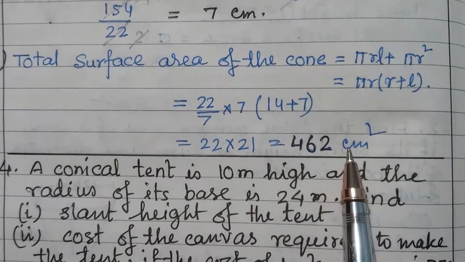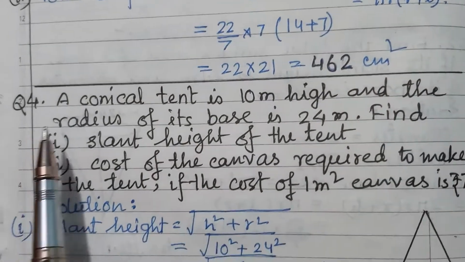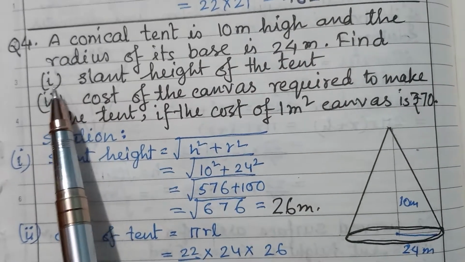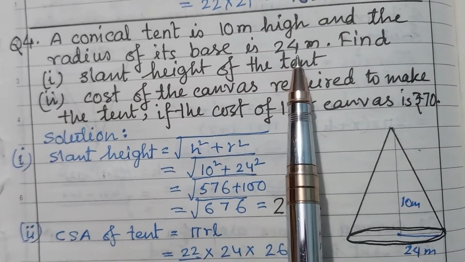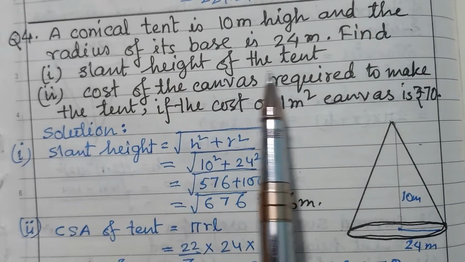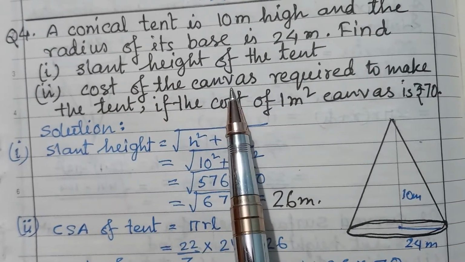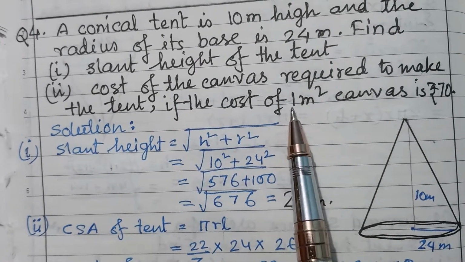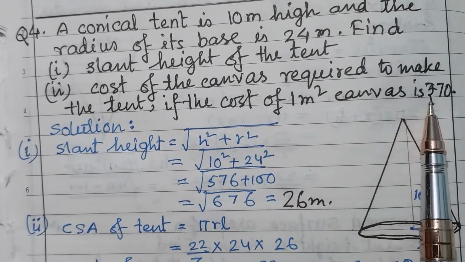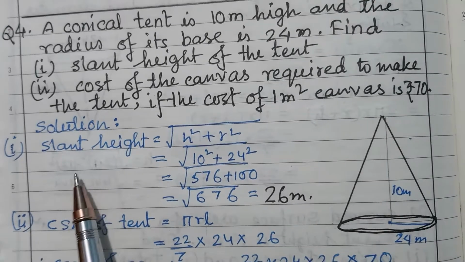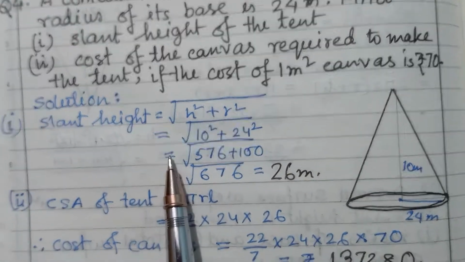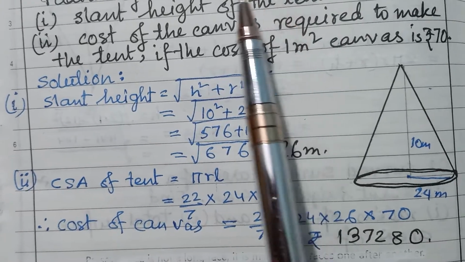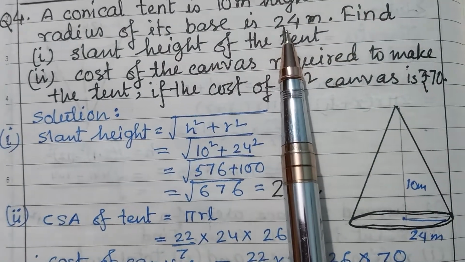Next is question number 4. A conical tent is 10 meter high and the radius of its base is 24 meter. Find the slant height of the tent, and the cost of canvas required to make the tent if the cost of 1 meter square canvas is 70 rupees. The slant height we have to find out, because the height and the base radius are given.